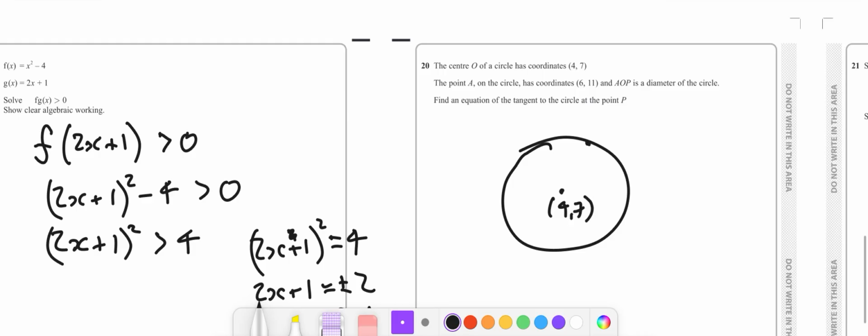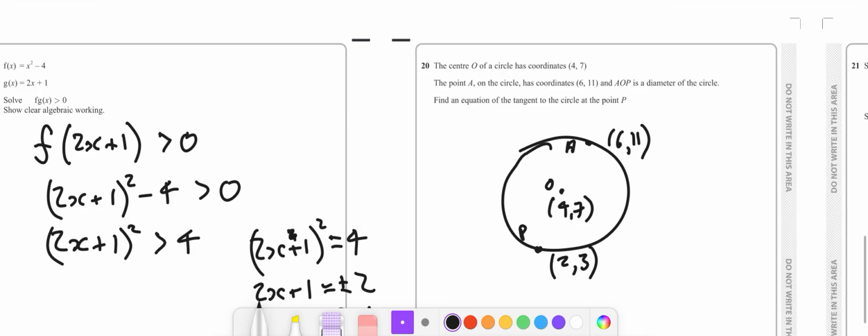This is the point A. That's the point 6, 11. So P is the point over here, because this is the diameter. So we've gone the same distance the other way, so we can do this just by subtraction. So that's going to be 2, 3. That's the point P.